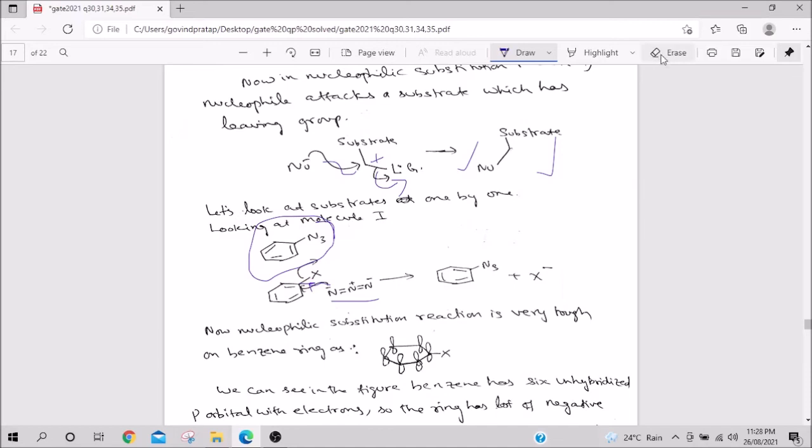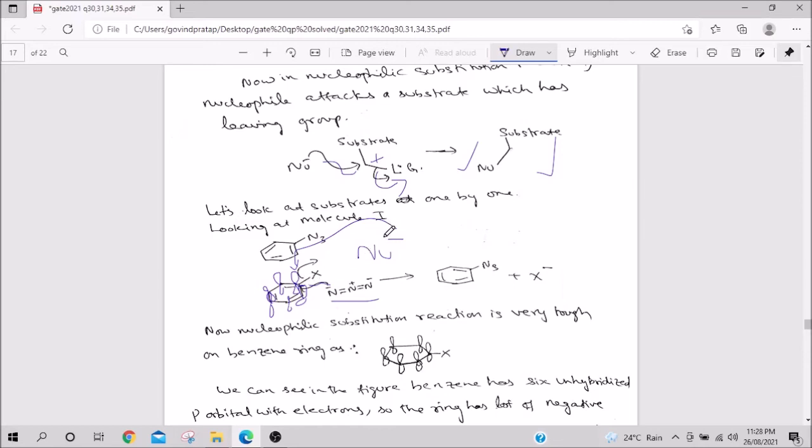Why? You understand, this benzene ring has 6 pi electrons. See, 6 p orbitals are there, all of them having one electron. So on both sides of the ring, top and bottom, a lot of electron cloud is there, highly negatively polarized. So for the approach of the nucleophile, which is Nu minus, negative, to approach another negative is very, very tough, and that too on a planar carbon, it's very, very tough.